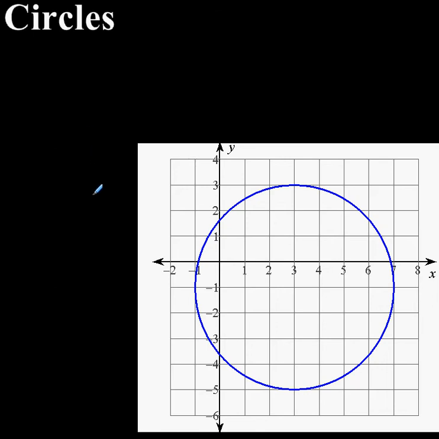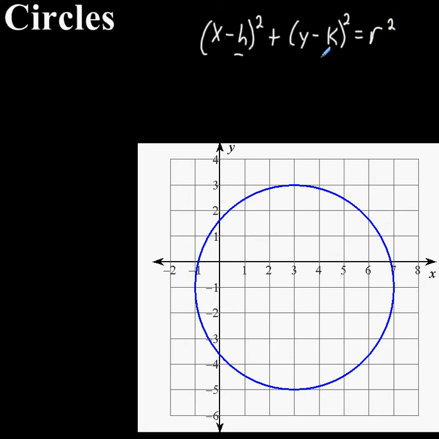This discussion is about circles and their standard equation and how to find the equation of a circle. So let's begin with the standard equation of a circle. The standard equation is (x minus h) squared plus (y minus k) squared is equal to the radius, or r squared.